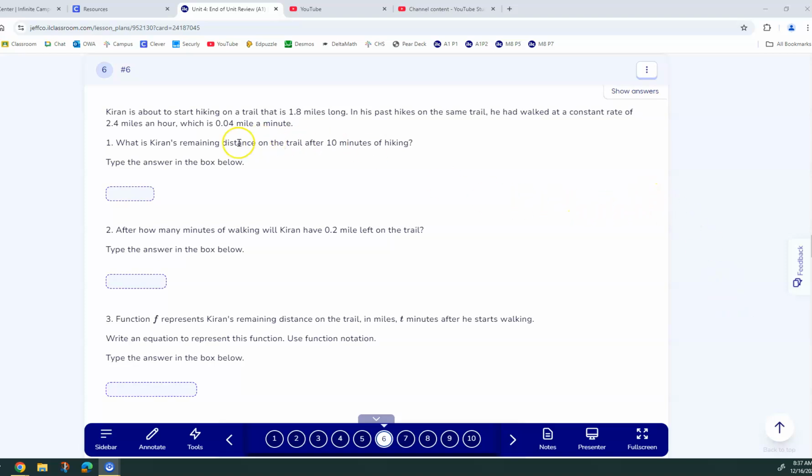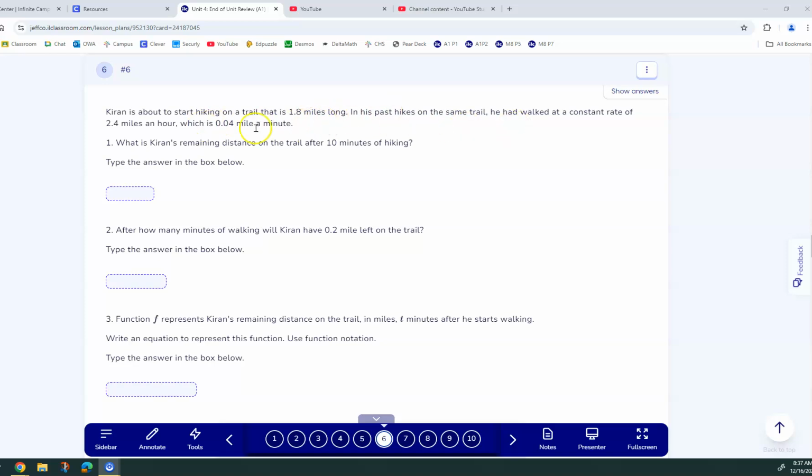Okay, problem number 6. Kieran is about to start hiking on a trail that is 1.8 miles long. In his past hikes on the same trail, he had walked at a constant rate of 2.4 miles an hour, which is 0.04 miles a minute. So the trail itself is 1.8 miles long.